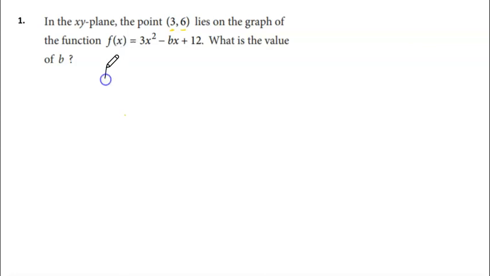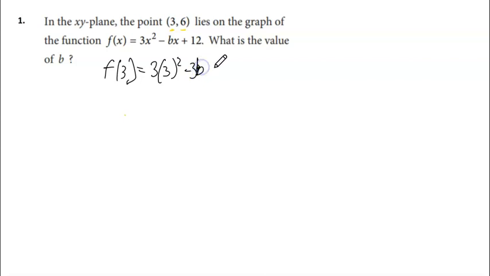So when we have f of 3, wherever you see x, substitute 3, right? So it's going to be 3, and then we have 3 squared minus b times 3. So we can simply write here 3b.